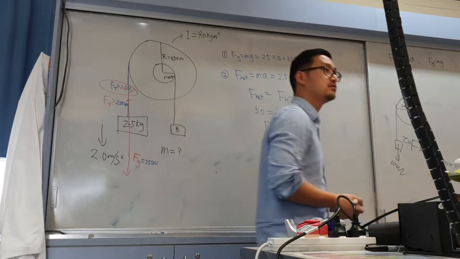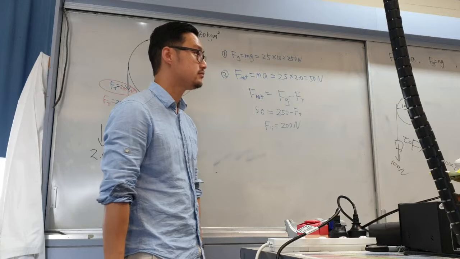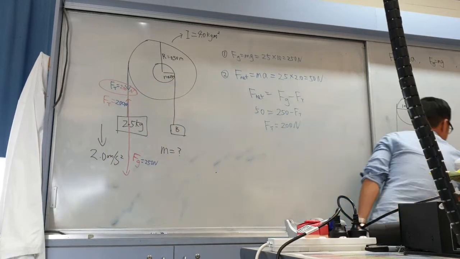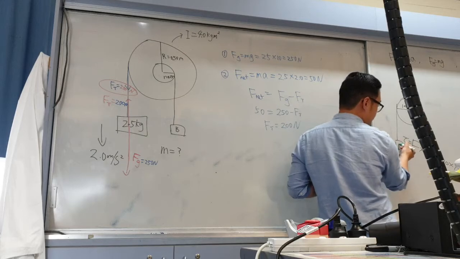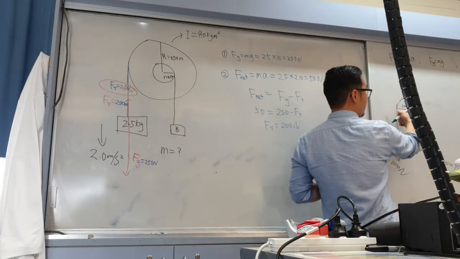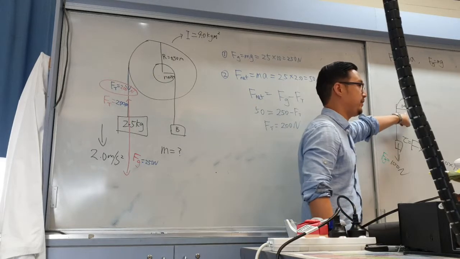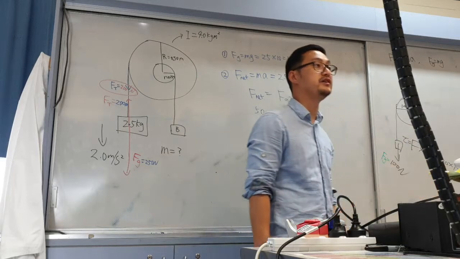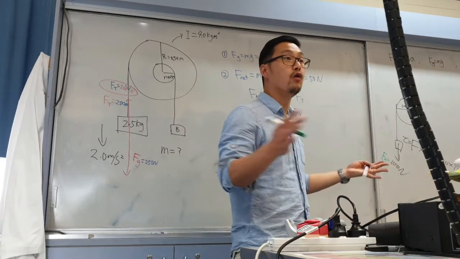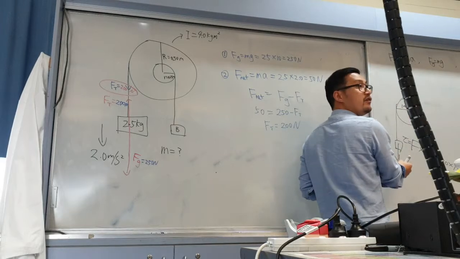Is this correct? No. There's a gravity that is 100 Newton pulling this object downwards, and then there is a distance of 1 meter. Can I just say the torque this thing experiences is going to be the 100 Newton times the distance, giving me 100 Newton meter? No, it's wrong. Why? Because this gravity is not making it go down.